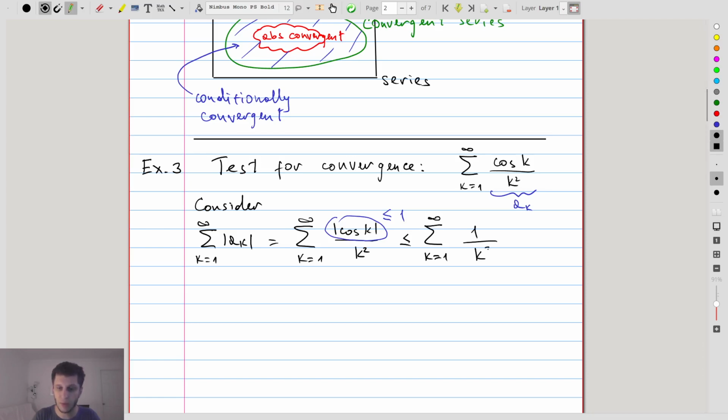And so as a result, we have this nice and simple series, which is convergent as a p series, p equals 2. So what is the conclusion? That the series of absolute values is convergent by an application of the comparison test.